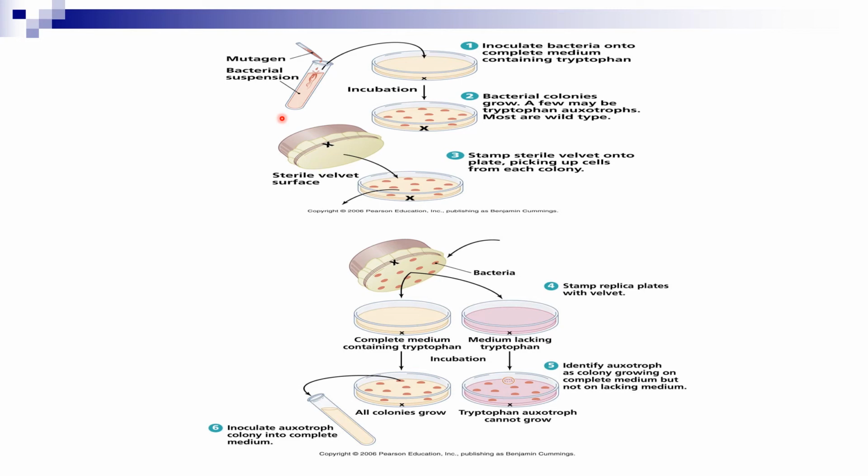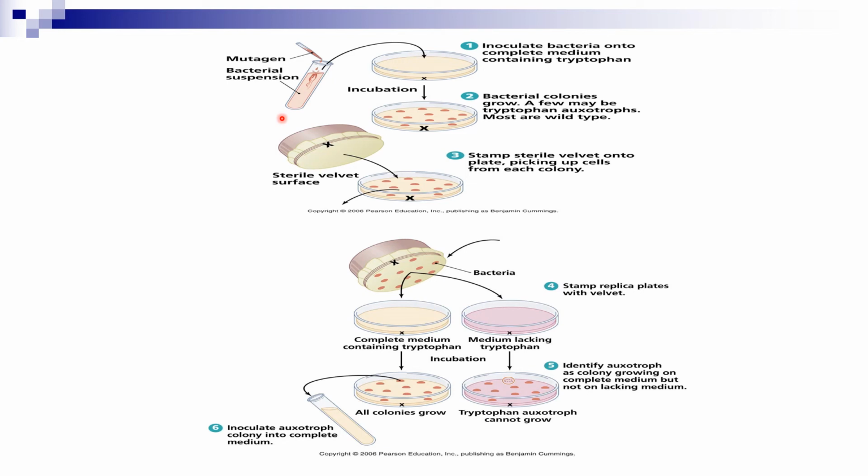But what happens now if we've inhibited that gene? We've put a mutation in the gene, so now those enzymes are not made either correctly or in the right number, for whatever reason.